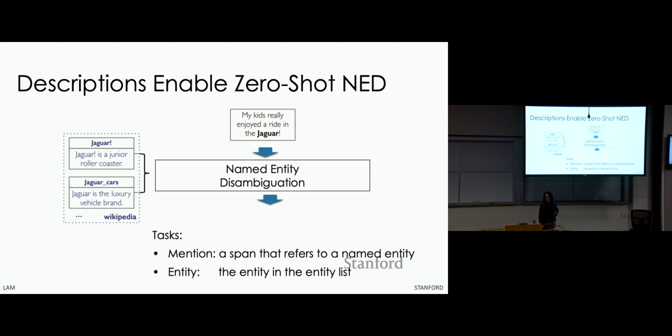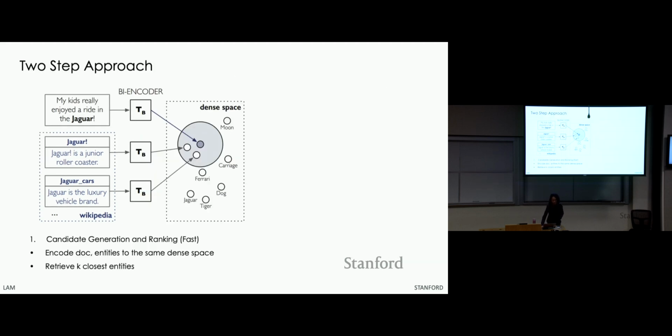But that is very costly. So again, we're seeing the same architecture, which is that it has the two-step approach. The first one is a bi-encoder, where you take the sentences and map them into some dense space, the same dense space, and then you can find the closest K entities in this space, the closest neighbors.